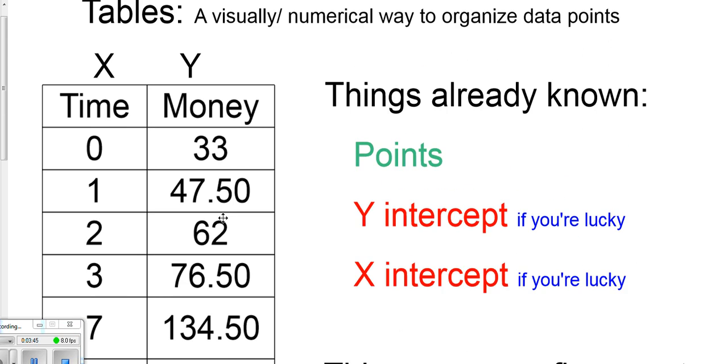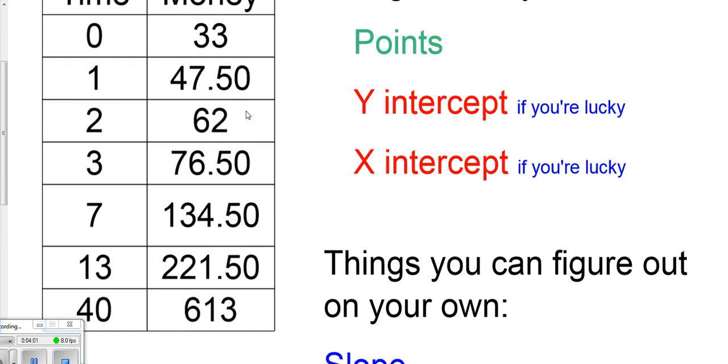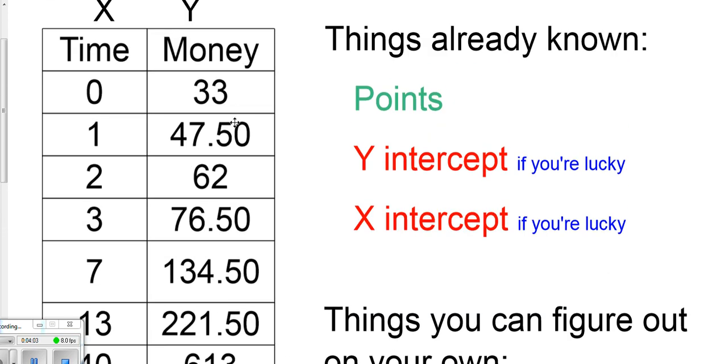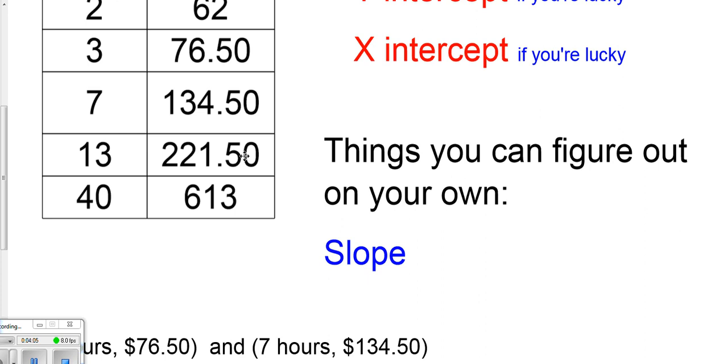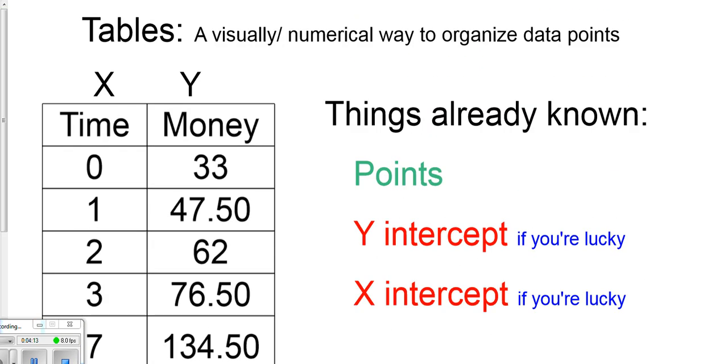You can't use the actual x value and the actual y value, because if you look here at your y-intercept, 33 over 0, well, that would mean a slope of... actually that would be undefined. Anything divided by 0 is undefined. We can't do the values over the values. It's the changes over the changes. There's a big difference there.